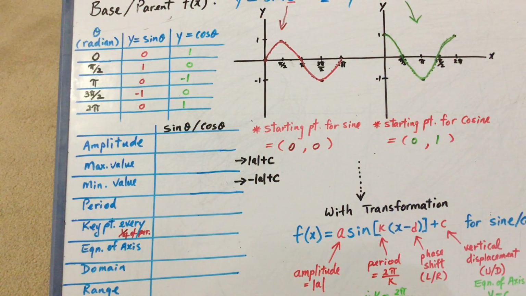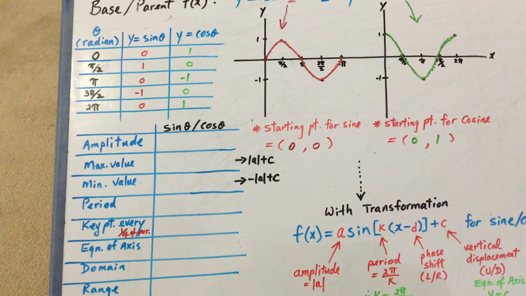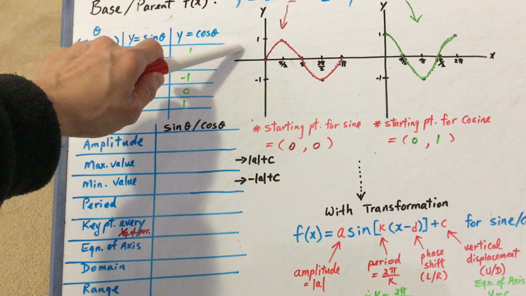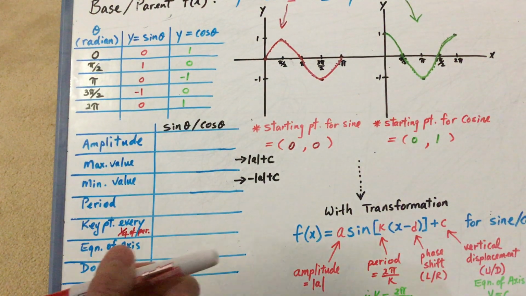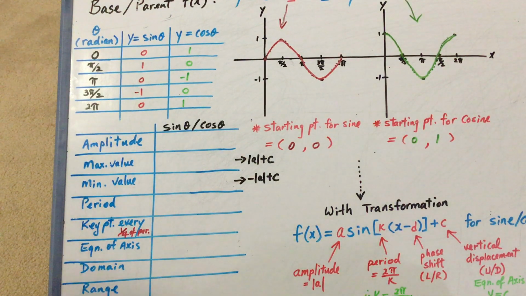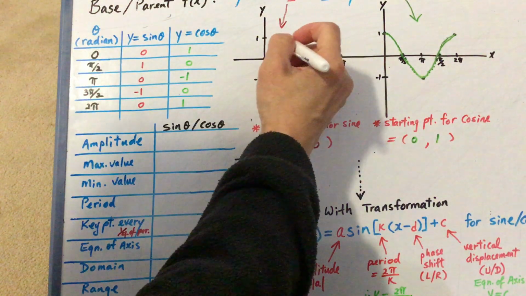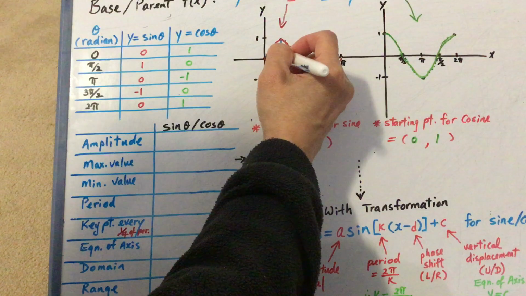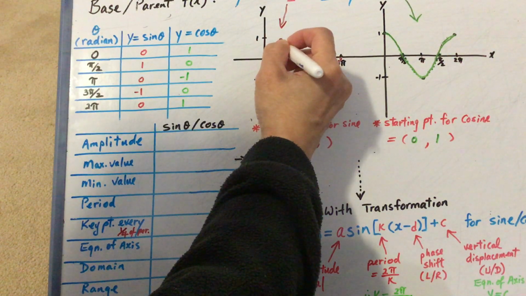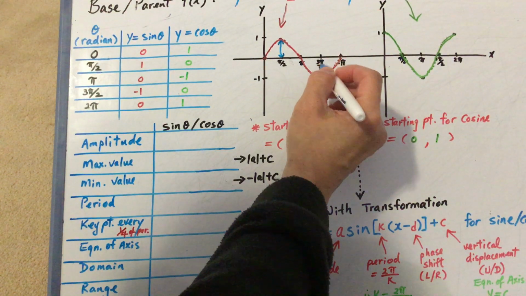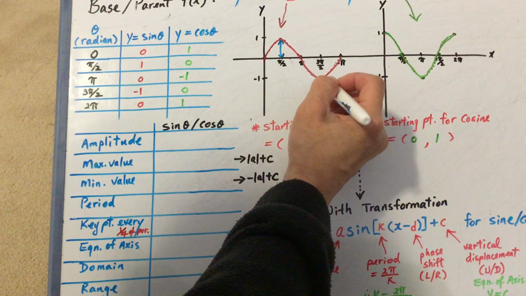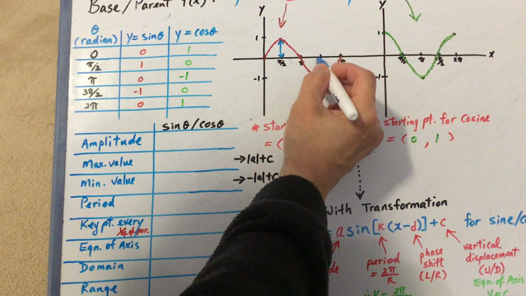So if you look at the sine graph, the amplitude basically is the vertical length between the maximum and the middle. Or you can say it is the vertical length from the minimum to the middle as well.